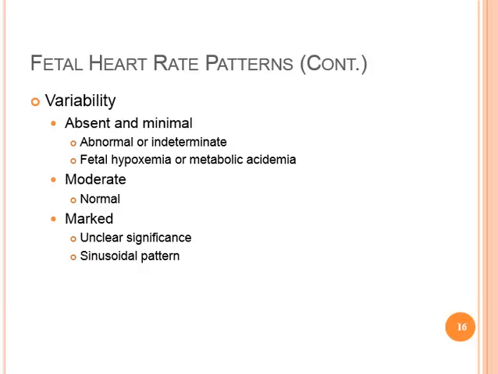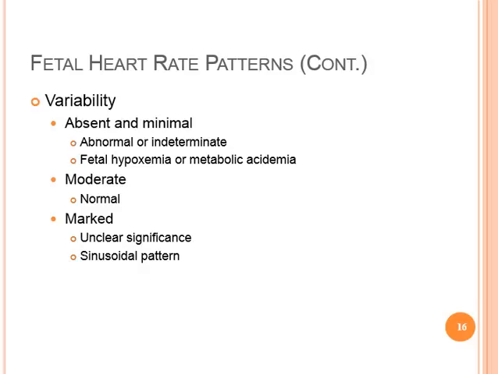Also, the fetal sleep cycle may also be a cause of absent or minimal variability, but you must note that the sleep cycle state usually does not last longer than 30 minutes.